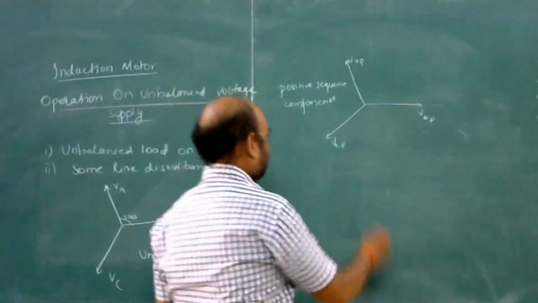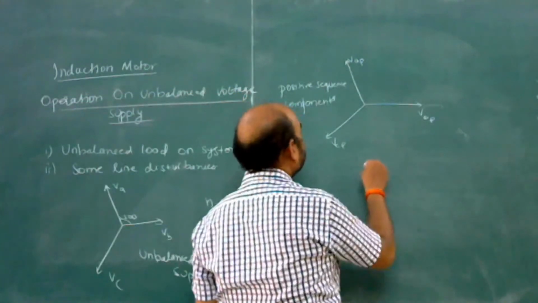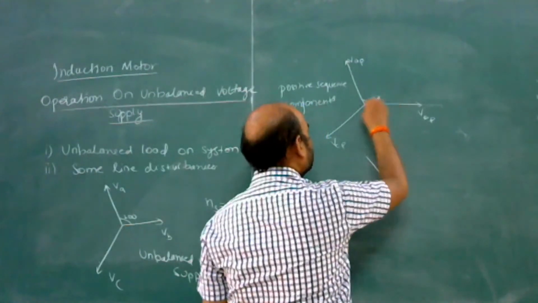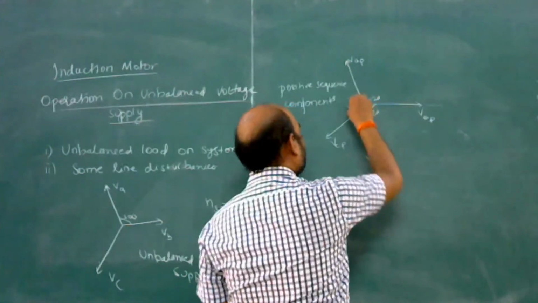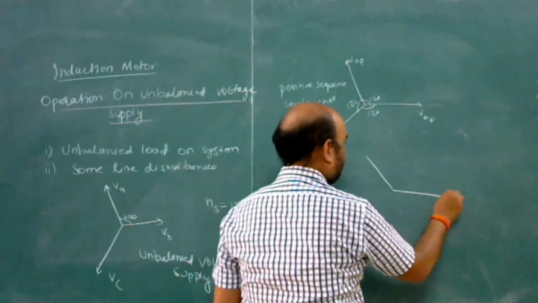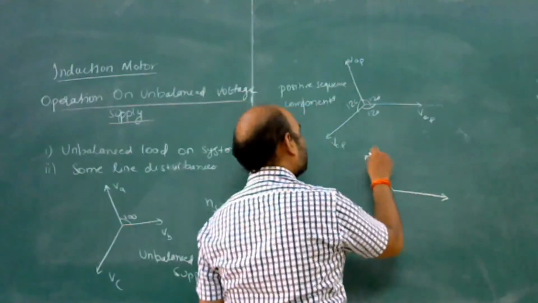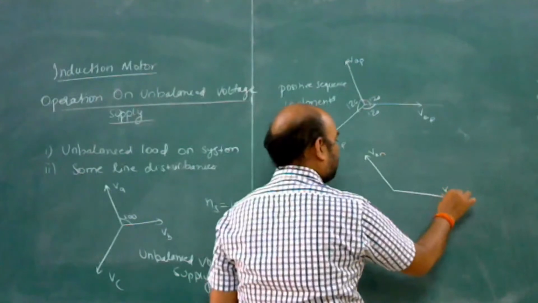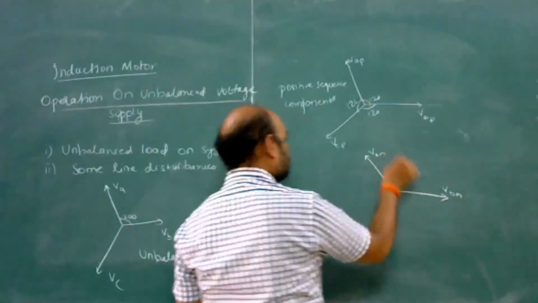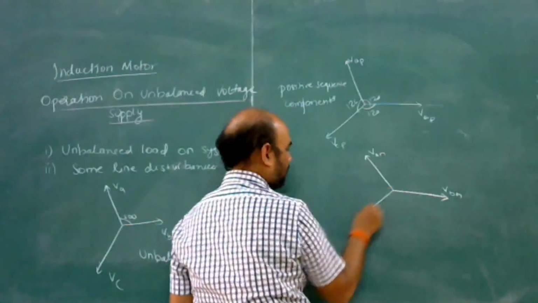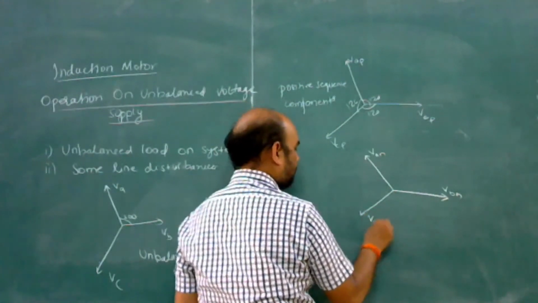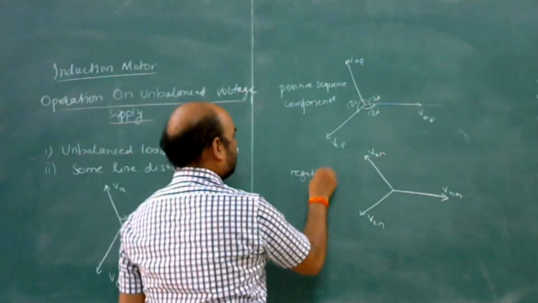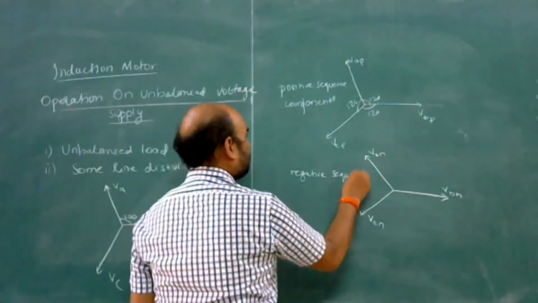Then the negative sequence components: VAN, VBN, and VCN are displaced by 120 degrees respectively, and the magnitude will be the same, but with reverse sequence.